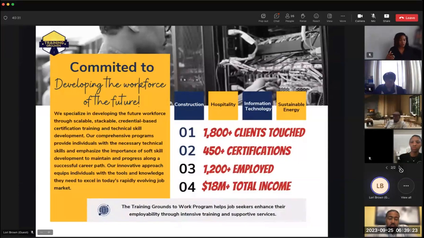So we have decided to concentrate on 4 primary industries, which is construction, hospitality, information technology, and sustainable energy. We build training experiences that provide credentials and training and work-based learning for individuals inside of these 4 industry sectors.